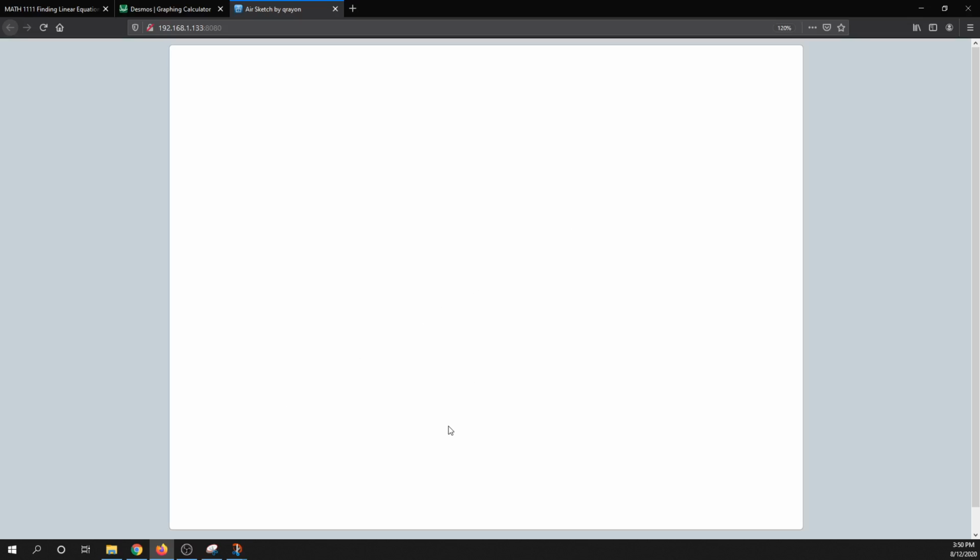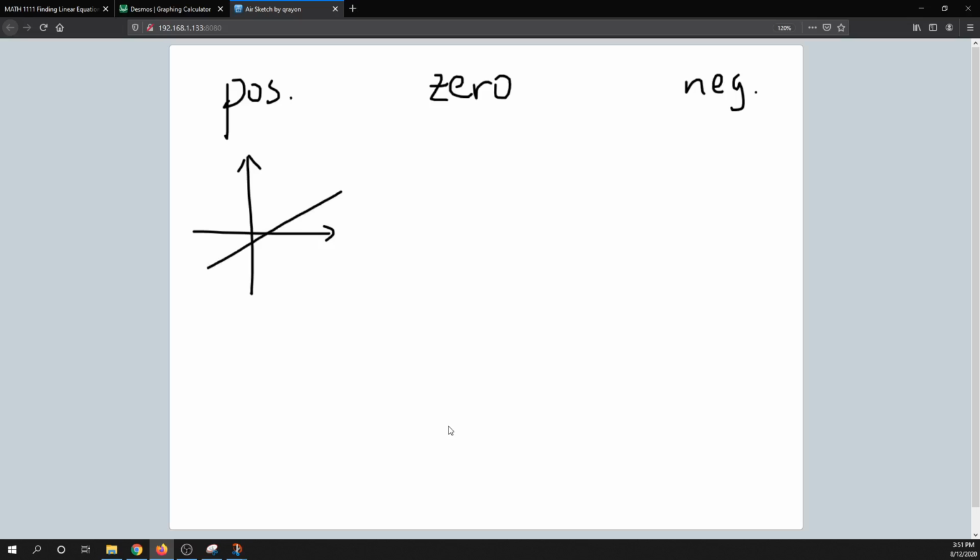So the slope, if it comes out to be a number, that number would either be a positive number, or 0, or a negative number. All right, and if that number is positive, then your line is going to be going up as you go from left to right.